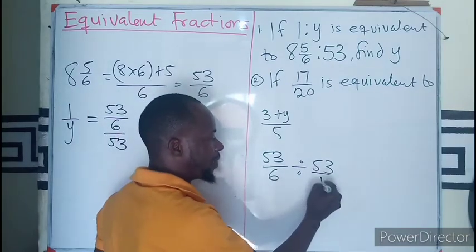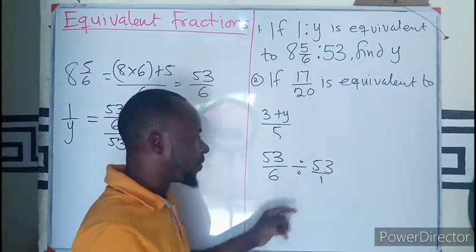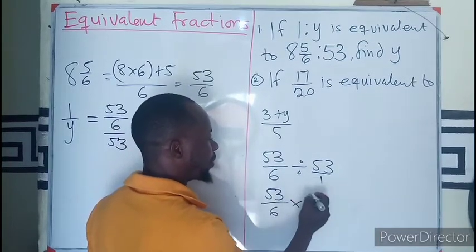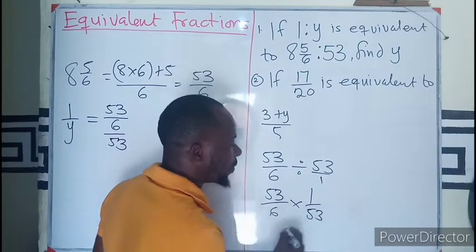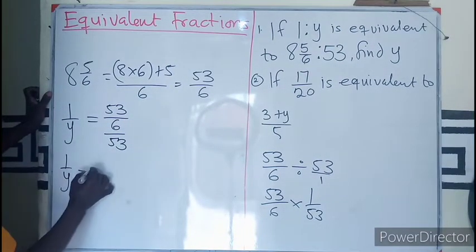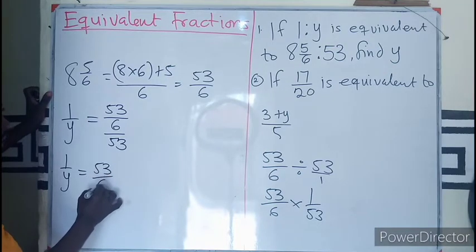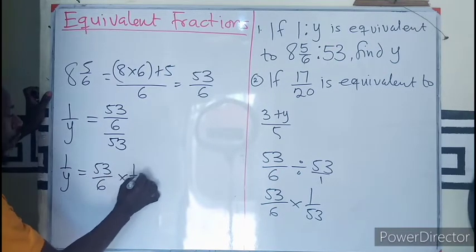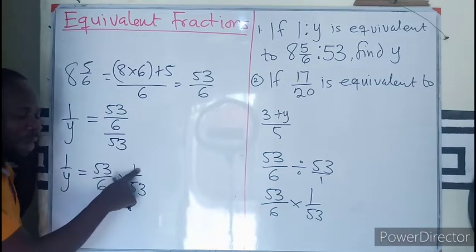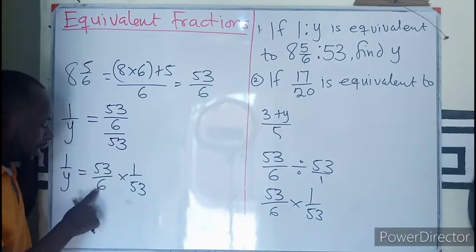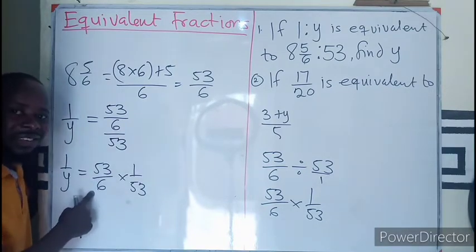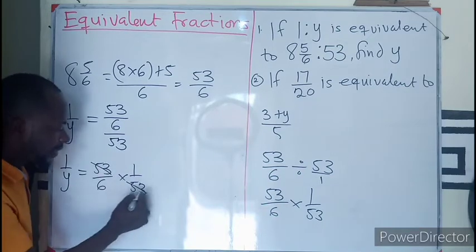So we flip the fraction: 1 over y is going to be 53 over 6 times 1 over 53. So 53 multiplies this to give us the same, and this will cancel this.